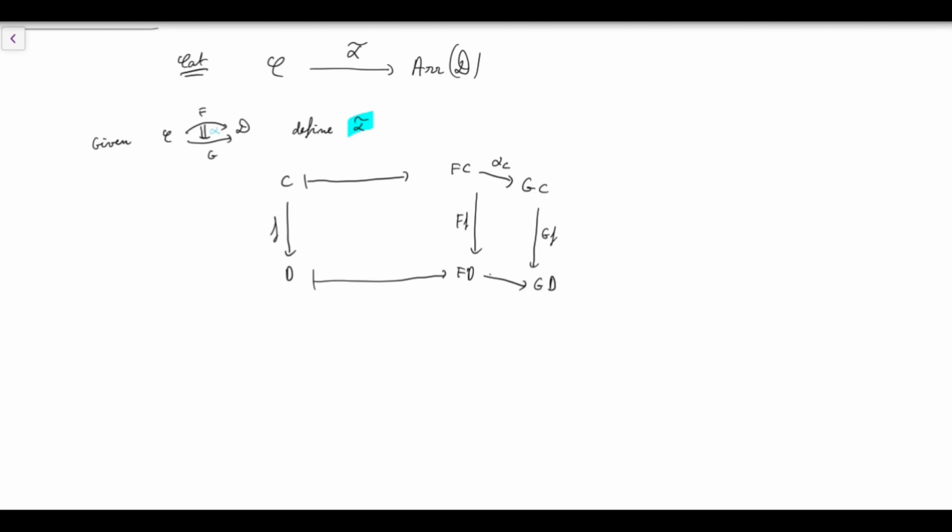And you can see that by the condition of alpha being a natural transformation, this would indeed be a commuting square, so that would qualify. The pair Ff, Gf would qualify for being an arrow in arrow D.